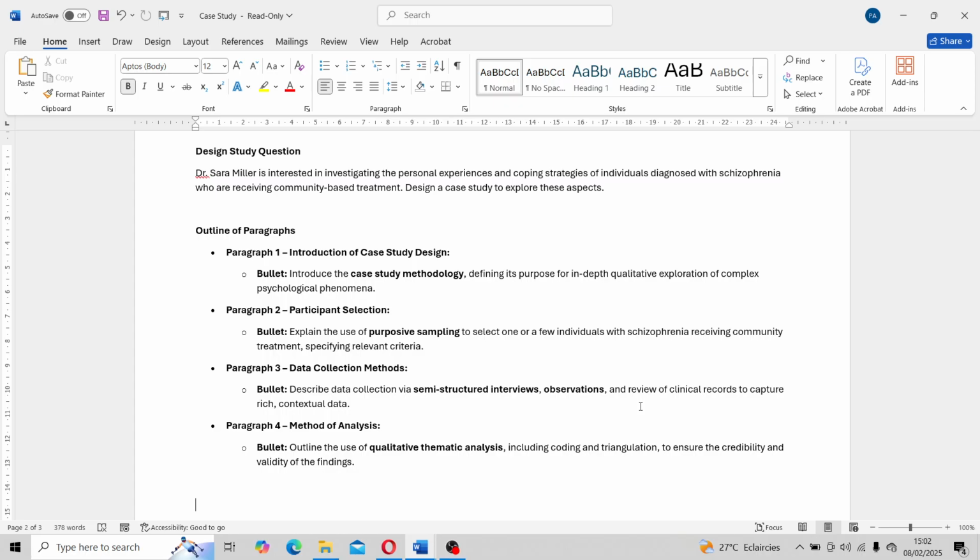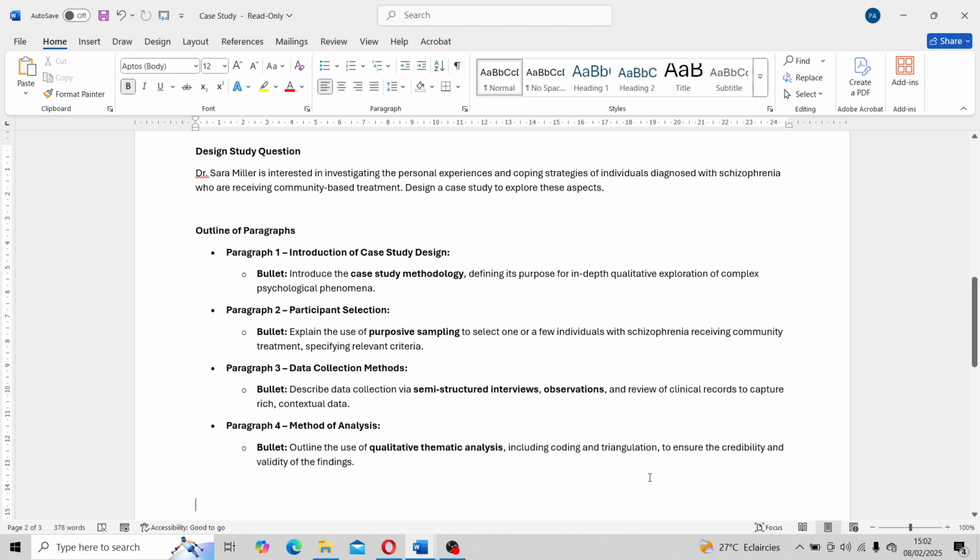You can use multiple methods of collecting the data, and review the clinical record to capture rich and contextual data of the person: number one, the personal experiences, and number two, how the person is coping. Now, the method of analysis: outline the use of thematic analysis, how you're going to identify the result, including coding and triangulation, coding the behavior.